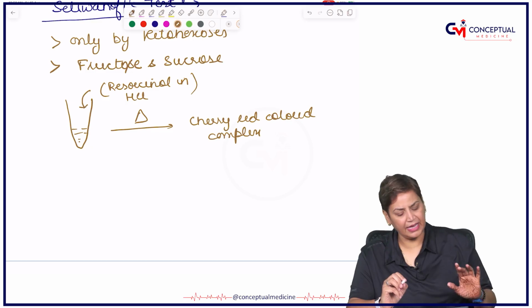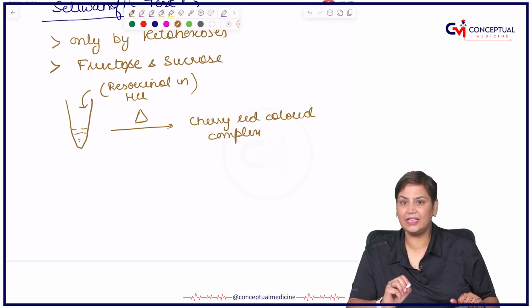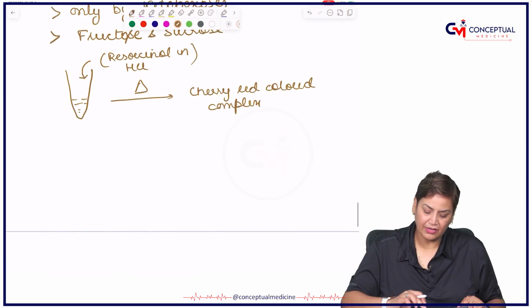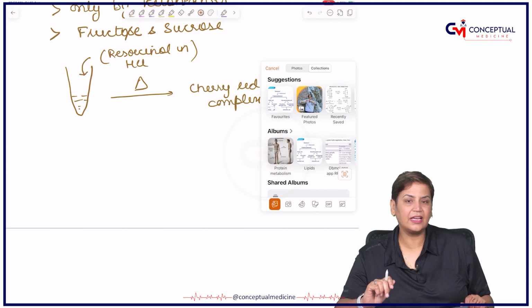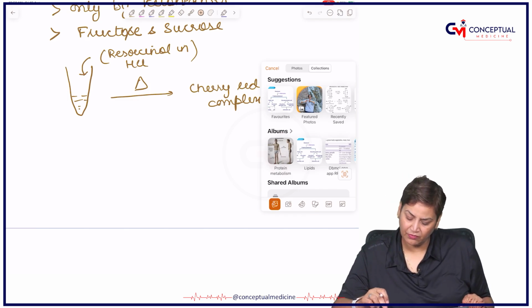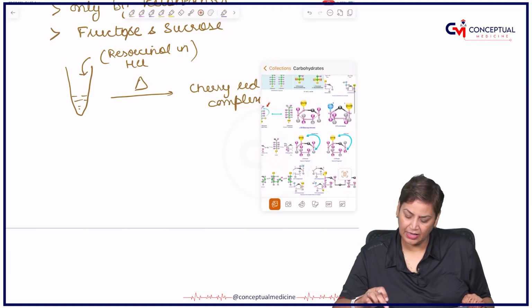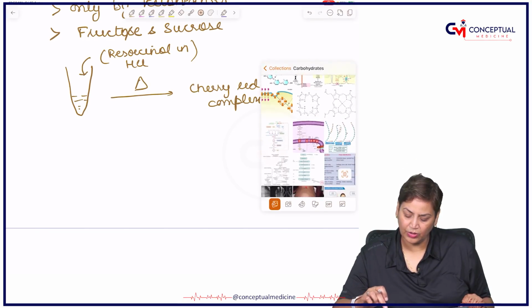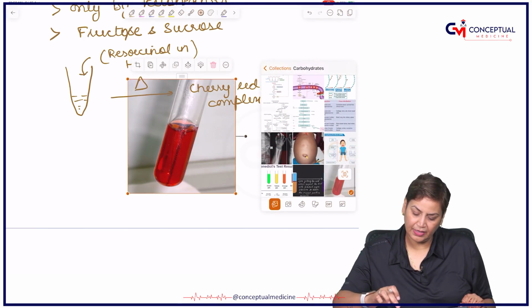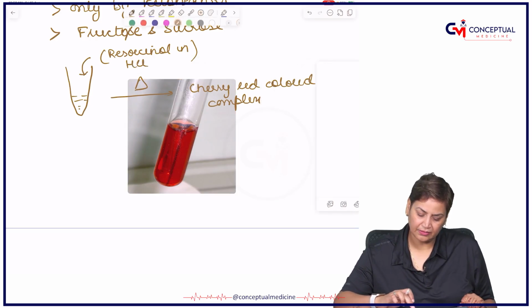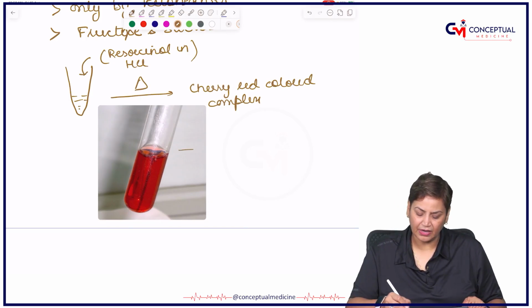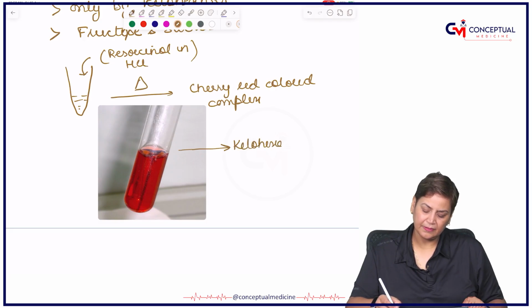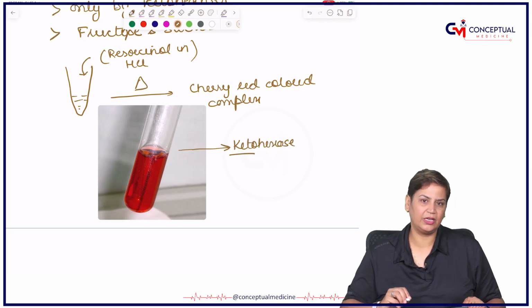Basically, HCl is a dehydrating agent, so initially it is going to give furfural, and this furfural will condense in the presence of resorcinol to give a cherry red colored complex. So if this type of coloration appears, we can say the sample is either fructose or a ketohexose, or it has a ketonic group.